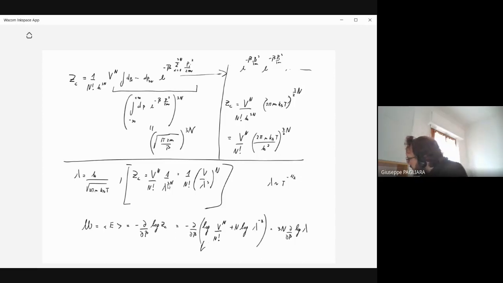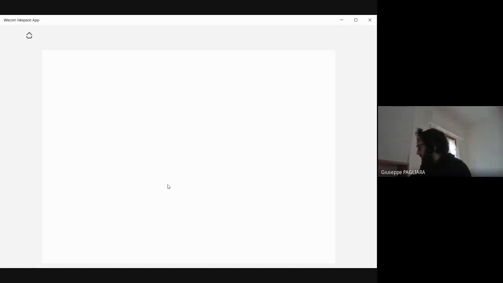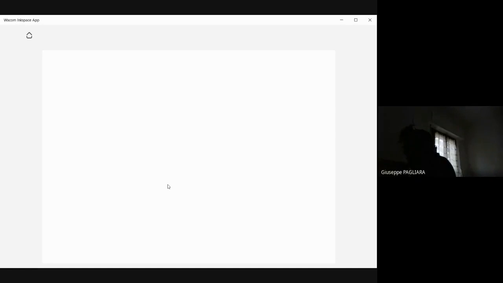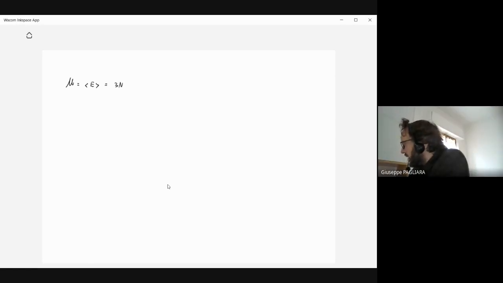But I have to take the derivative with respect to beta. Okay, sorry. Let me change page first of all, otherwise it will get messy. So I get that U is equal to the average energy, and I had 3N times the derivative with respect to beta of the logarithm of lambda.